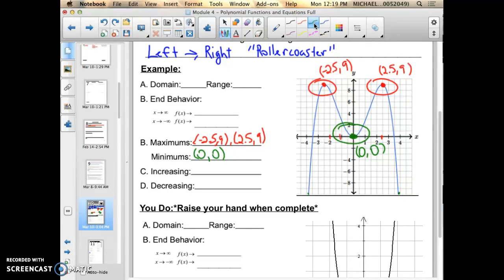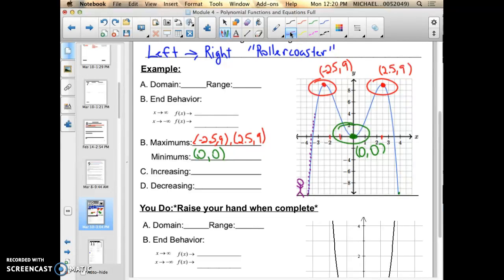Because I'm going to highlight this in yellow, and I'm going to do increasing first. And I always start, actually I'll do it in a darker color. I always start left to right. We're reading a book left to right. I can draw a person and imagine he's in a roller coaster or she's in a roller coaster. So they start down here and it starts going up.